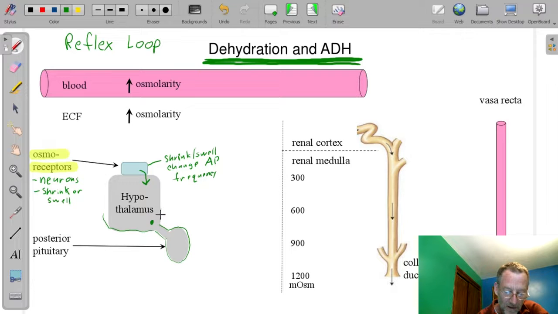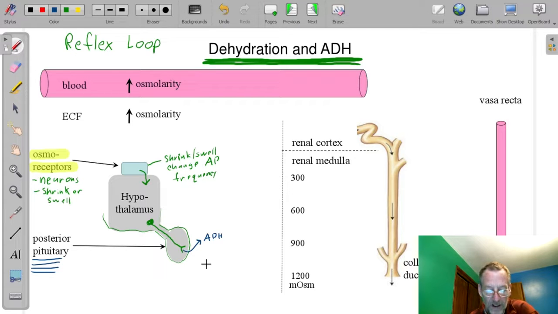Remember that the posterior pituitary is made up of neurons whose cell bodies are in the hypothalamus. The axon extends into the posterior pituitary, and then we release ADH. So ADH is released from the posterior pituitary, an extension of the hypothalamus, depending on whether those osmoreceptors are shrinking or swelling.